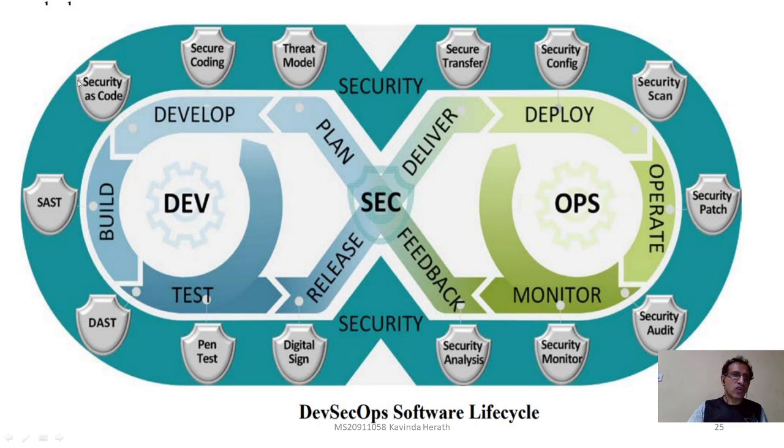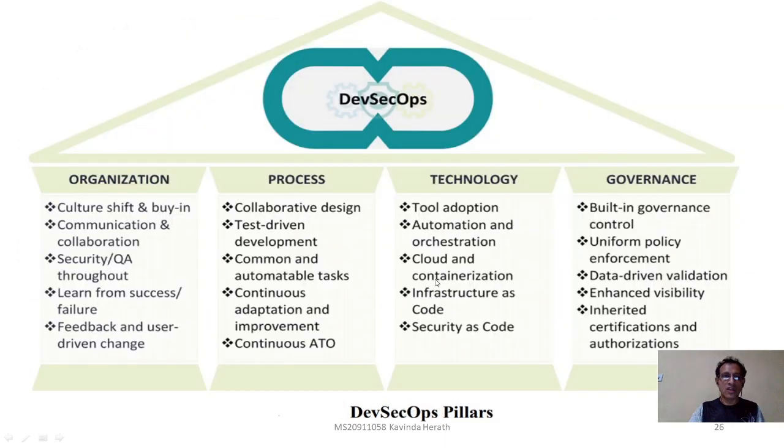So secure coding, threat modeling, and static secure coding methodologies, everything is there in this life cycle. And there are four main pillars of DevSecOps: organization, process, technology, and governance.